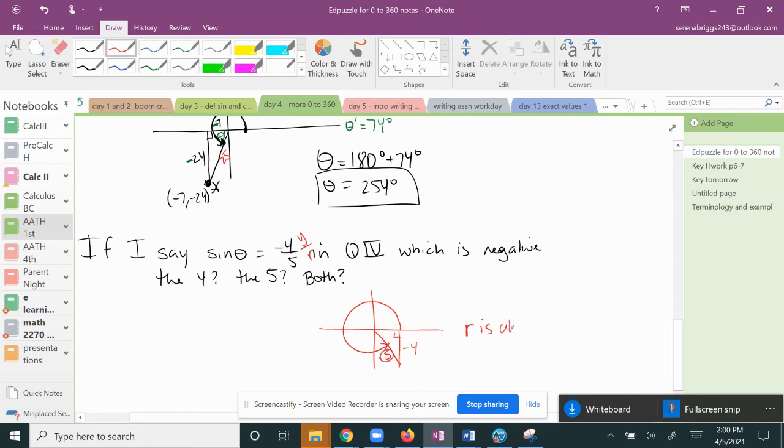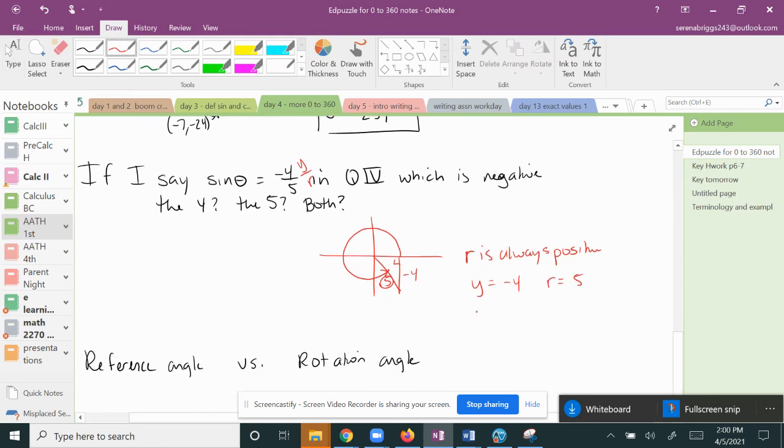R is always positive. So we can let y be -4 and r be +5, but it cannot be the case that y is +4 and r is -5. It also can't be the case that they're both negative, because then we wouldn't even have a negative ratio. So the correct answer is 4 is the one that's negative.